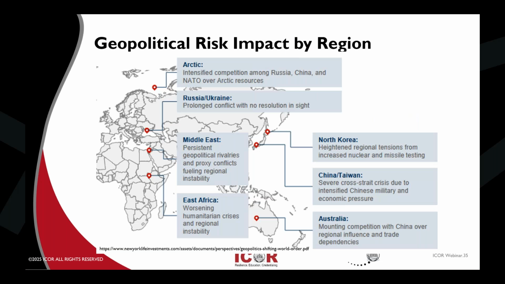In the Middle East, we're continuing to see rivalries and proxy conflicts fueling regional instability. Again, I don't think any of us has an answer for that. We're seeing in East Africa terrible humanitarian crises and regional instability. You don't get stability when you've got a humanitarian crisis going on.